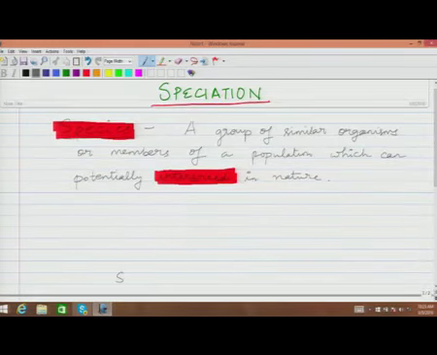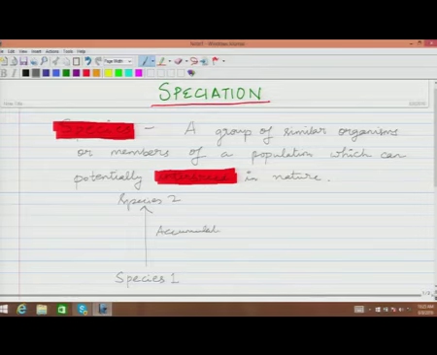So, a species can be formed, for example, this is species 1, and if it forms a species 2 over a period of time because of accumulation of variations. You know that variations keep on accumulating with generation. So, because of the accumulation of variation, species 1 can lead to the formation of a species 2 which is entirely different from its ancestor.